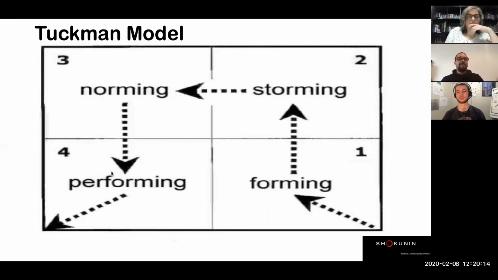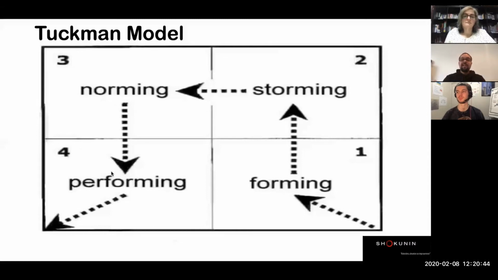So it may be interesting to have different playlists for different stages of the team's development. The other thing that I think is true is that every team goes through these stages. You don't get to skip them. The idea is, how long do you hover or stay in any one particular stage, particularly forming and storming. Ideally we want to get to norming, and absolutely we want to get to performing.